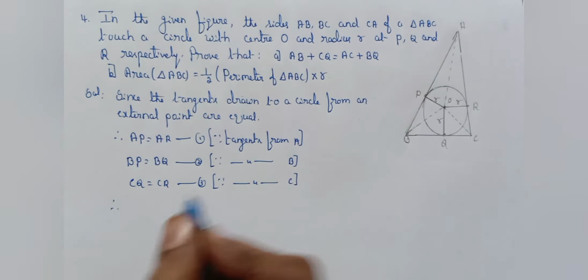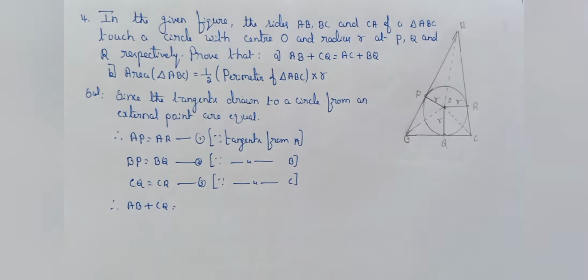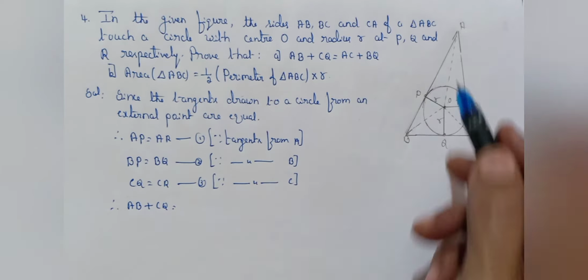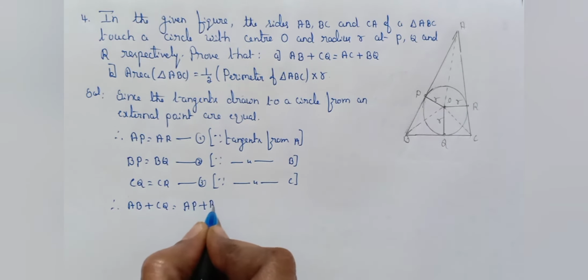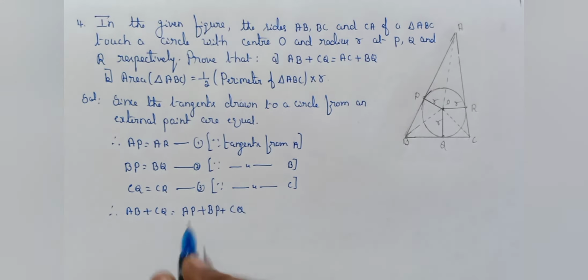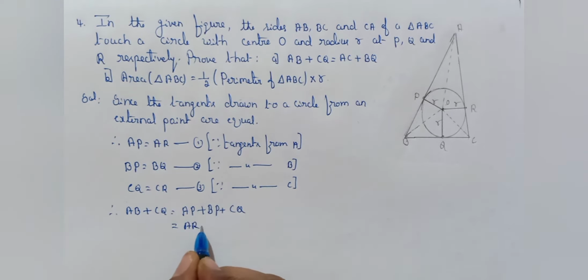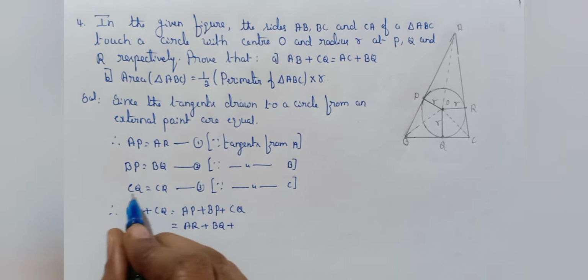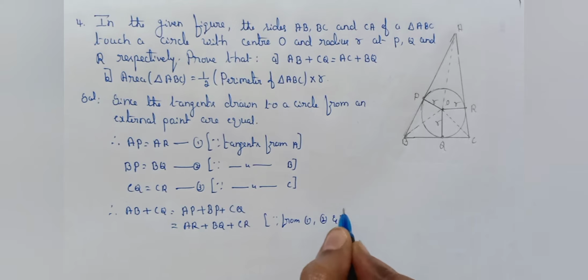Now, take AB plus CQ. We can write AB as AP plus BP, and CQ as it is. Now, AP is equal to AR. Substitute AR in place of AP. BP is equal to BQ and CQ is equal to CR, from equation 1, 2 and 3.